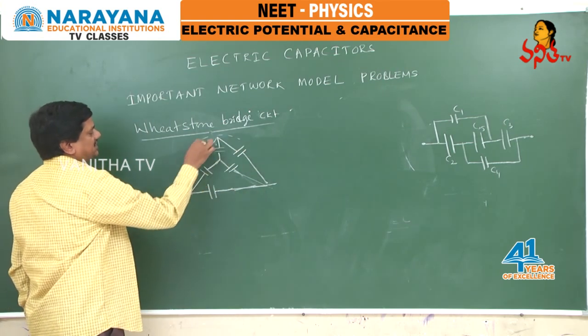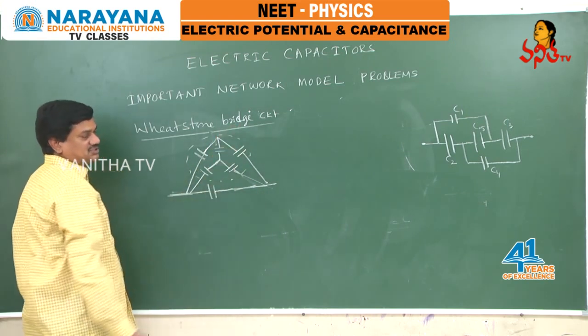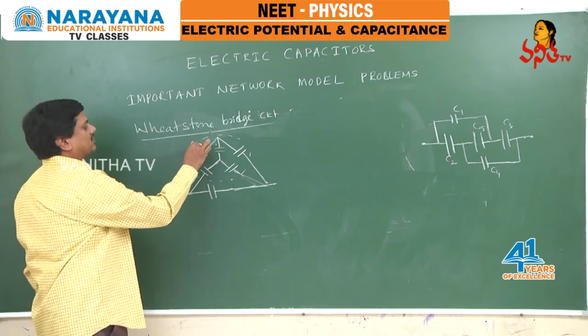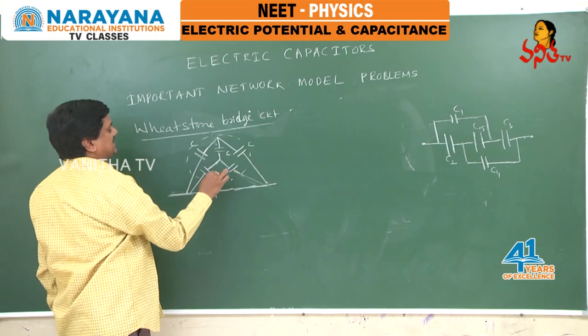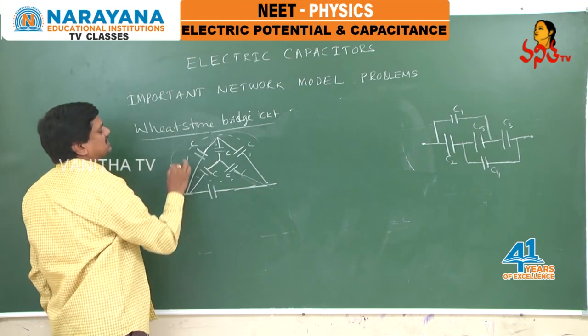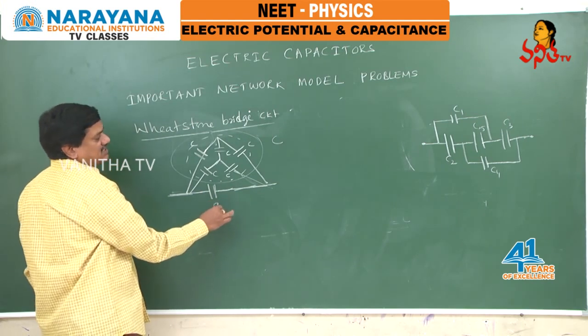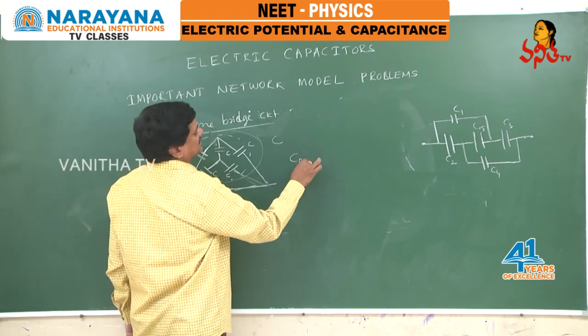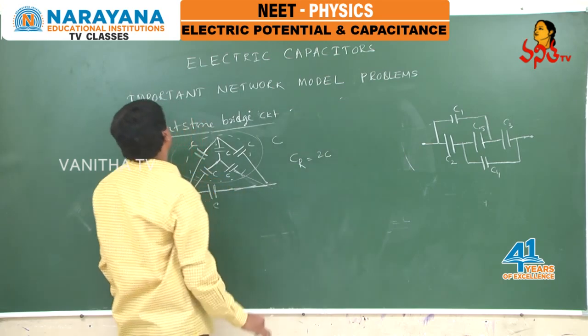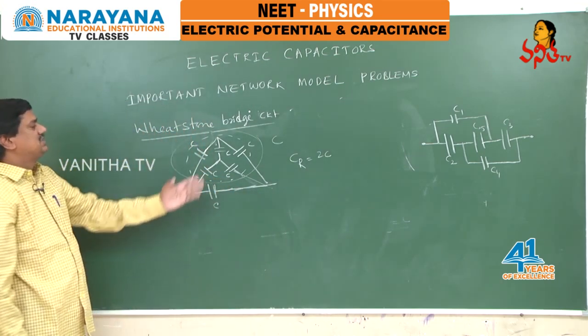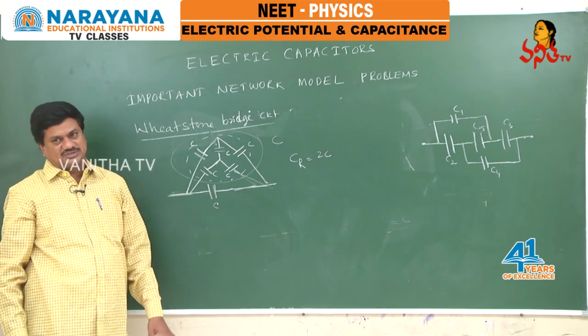Even this part is a part of the Wheatstone bridge. If all are equal, C, C, C, C and C, all this is equivalent to simply C in parallel with C. So, the resultant capacitance becomes 2C. These are some important applications in the form of the Wheatstone bridge circuit.